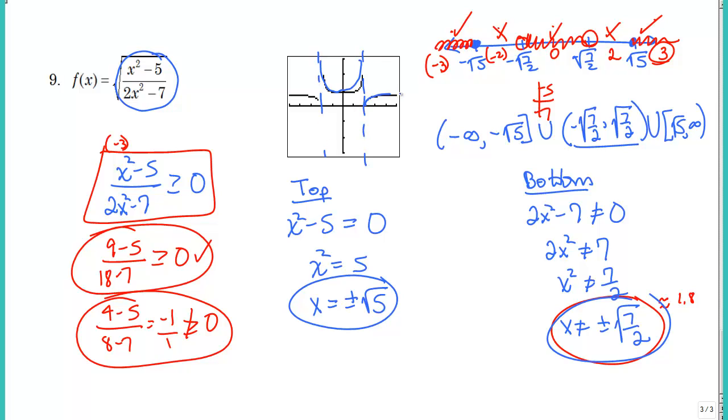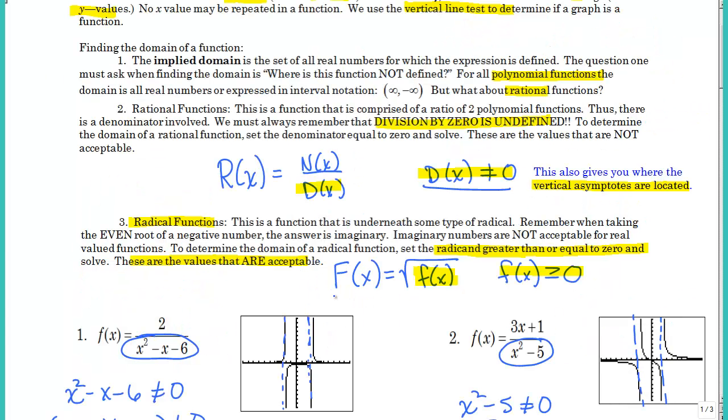So take your time, take your steps, and here are the key things. Radicand greater than or equal to 0 and solve. The denominator can't be 0, and again, those vertical asymptotes relate to where the values of x cannot exist.